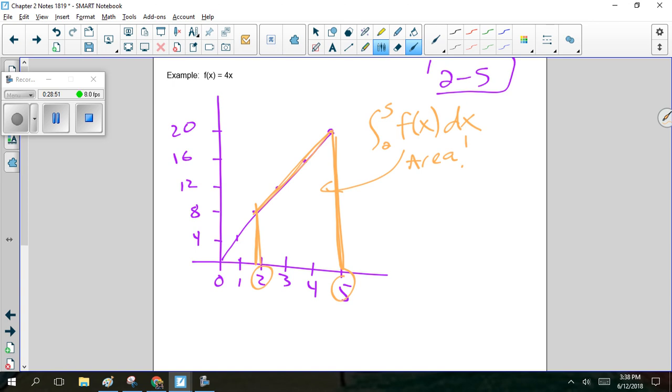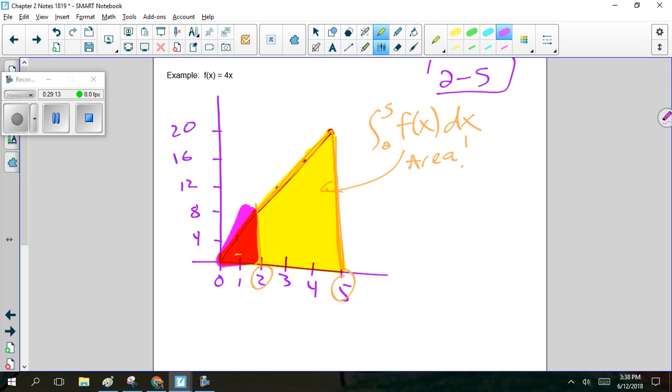So I'm looking at it as, well, let's see, it's the area of a big triangle, which I'm going to highlight in yellow. So it's all of this area minus this area, right?